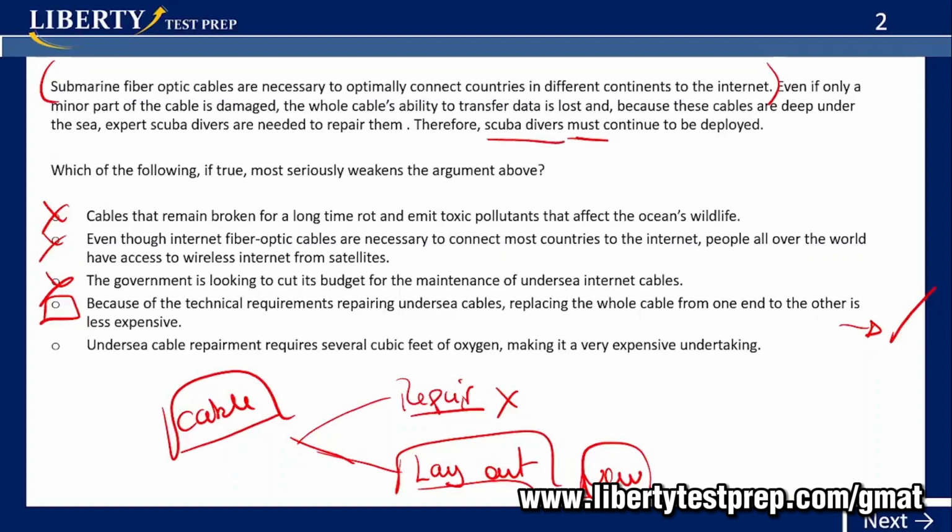Letter E, undersea cable repairment requires several cubic feet of oxygen, making it a very expensive undertaking. Okay, the cost. Good, but the cost is important, but not that important here. What we care about is whether we have another option. Because even if it's expensive, if repairing were the only option, then we have to assume the cost.